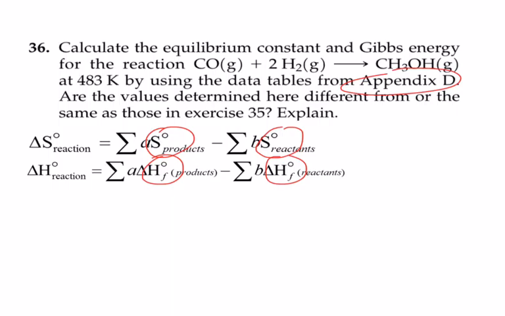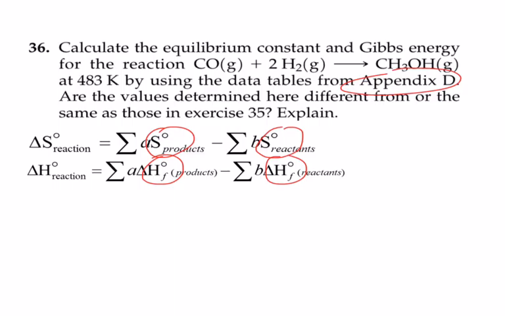So this is 36. Calculate the K and Gibbs free energy. Now, what I wish they'd done, if you read this, basically you have to do it opposite. First you come up with G, and then you can knock out K. These are very similar. Let's just do one of these for normal credit.